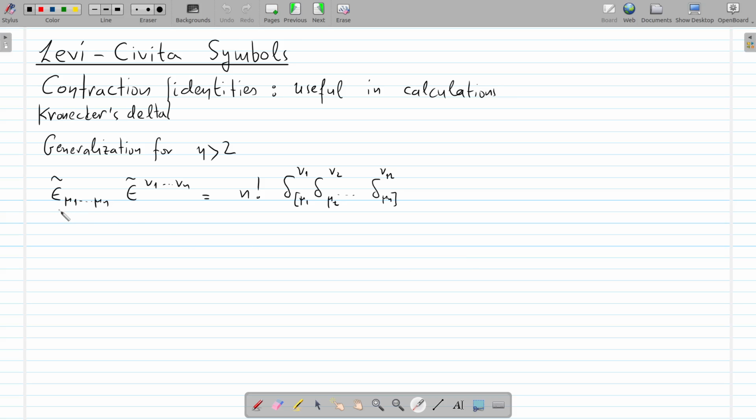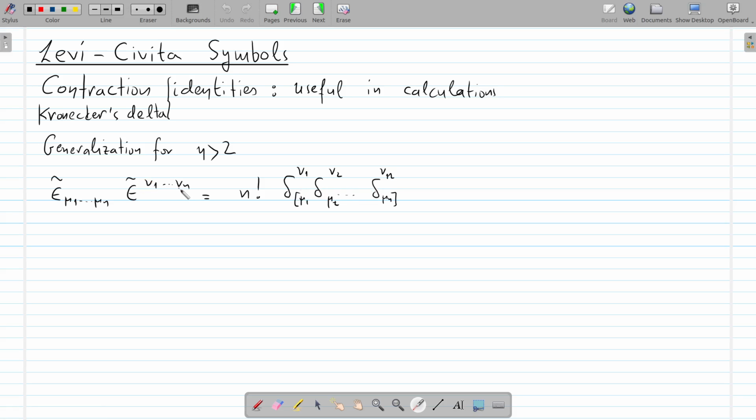So if we consider epsilon nu1 through nu-n and epsilon nu1 through nu-n, we have an identity relating it to Kronecker's deltas here, and what we do, we have here n factorial terms which are formed by considering products of n such deltas.